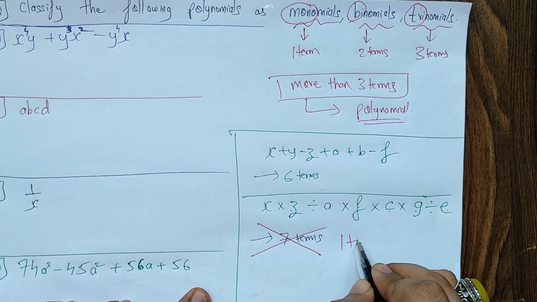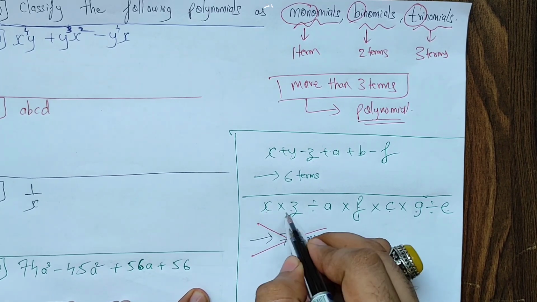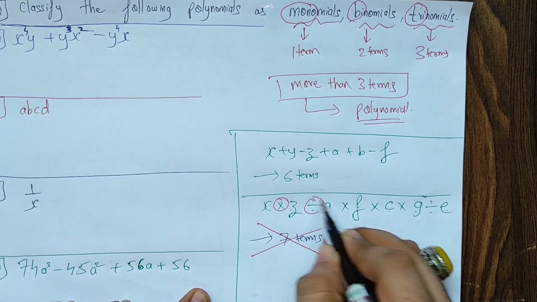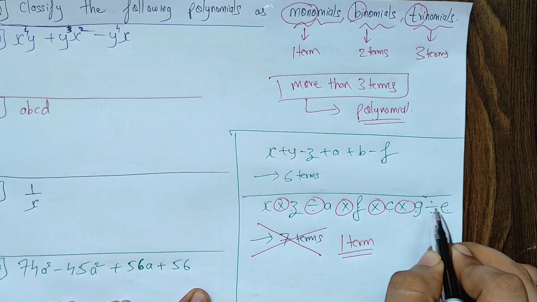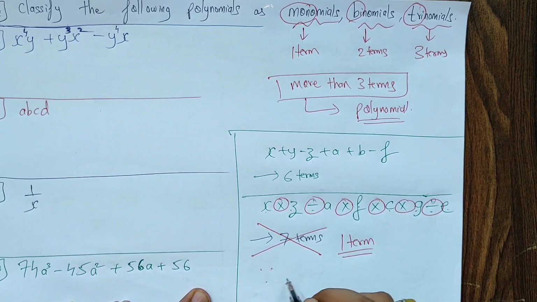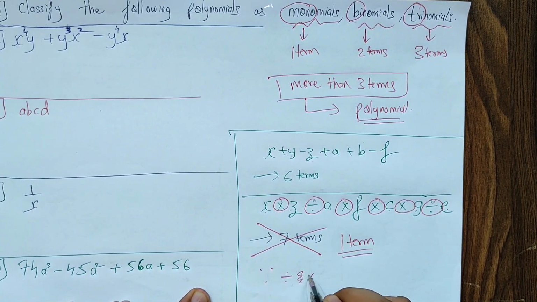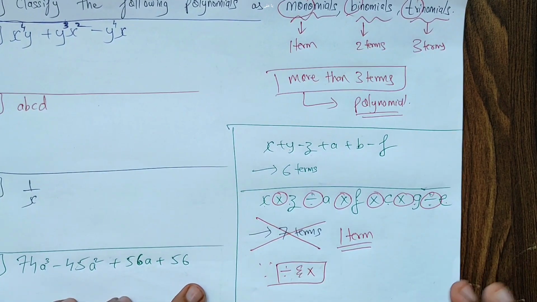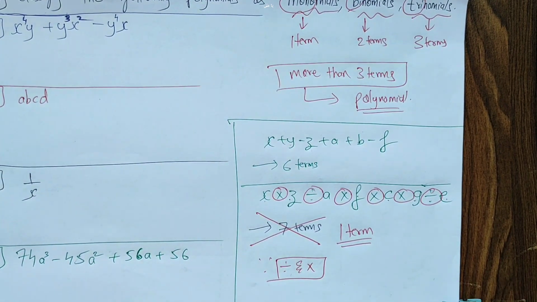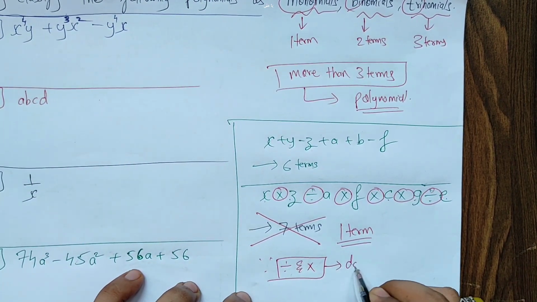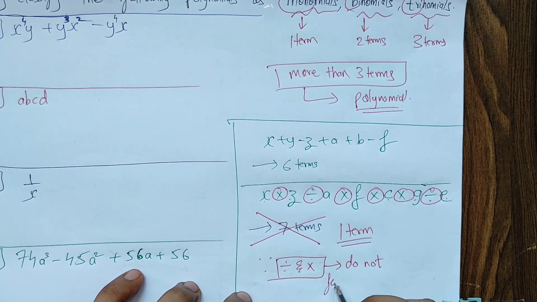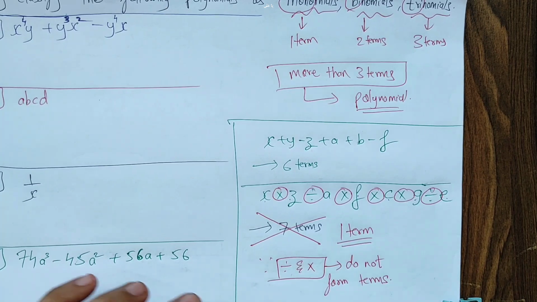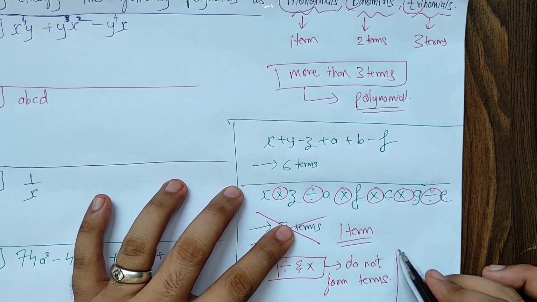Here I have only 1 term, because division and multiplication do not form terms. Who forms terms?